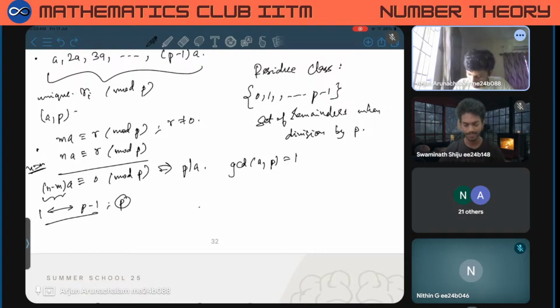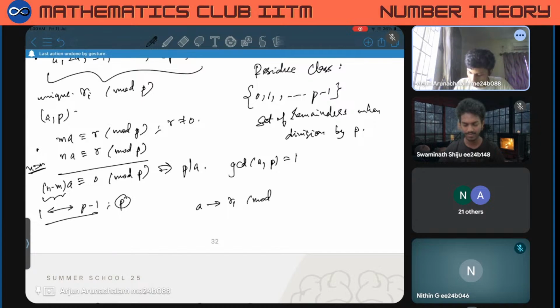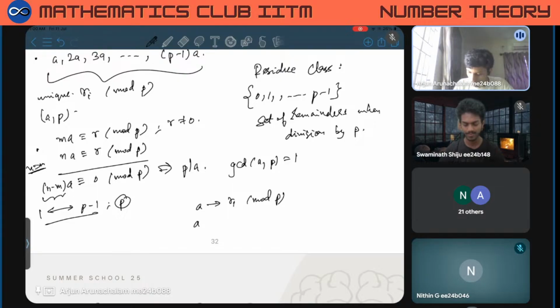So basically, let's say a is congruent to r1 mod p, 2a is congruent to r2 mod p, and so on. Basically, we are saying that ri is not equal to rj for i not equal to j.